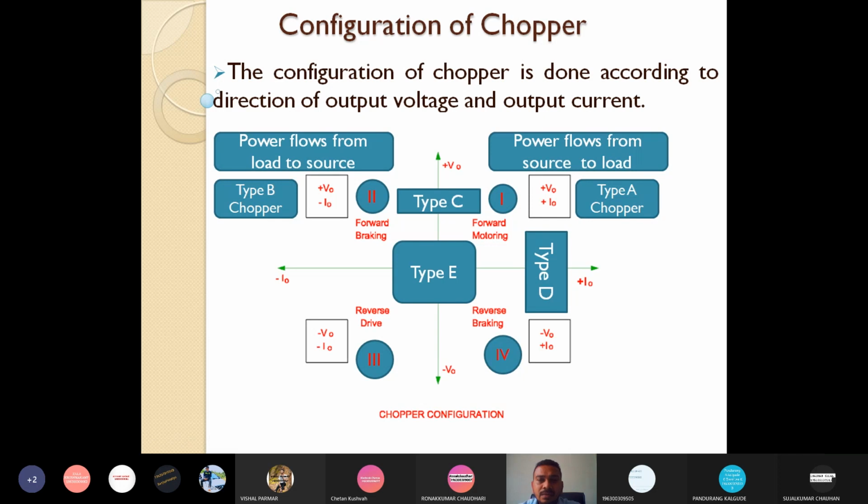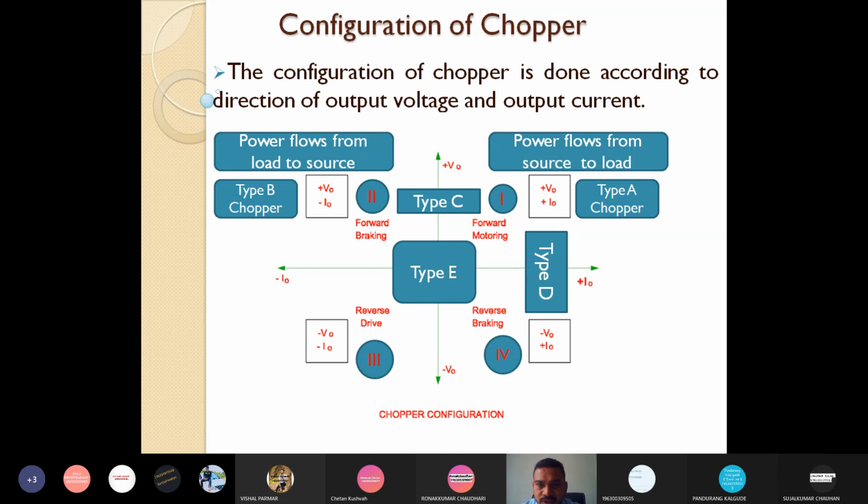Now we have to see the direction of output voltage and output current. In first quadrant, the output current is positive and output voltage is also positive. So the chopper in which the output voltage is positive as well as the output current is positive operates in the first quadrant.